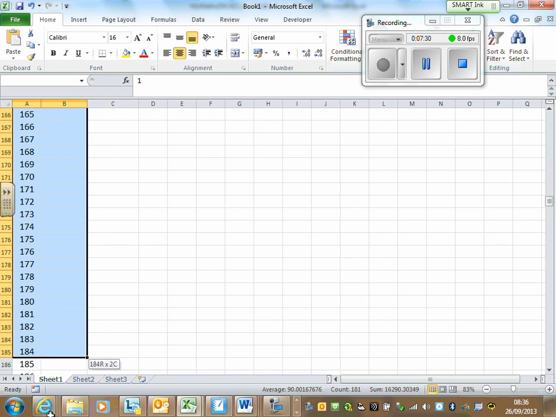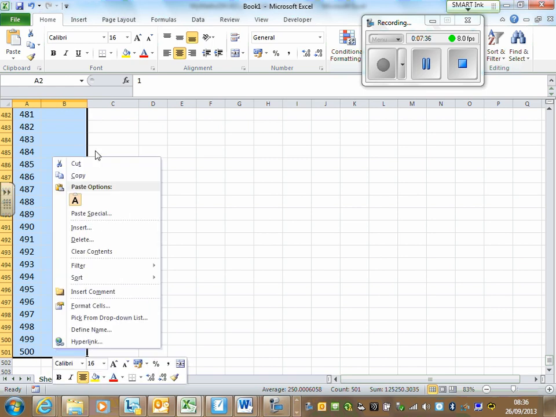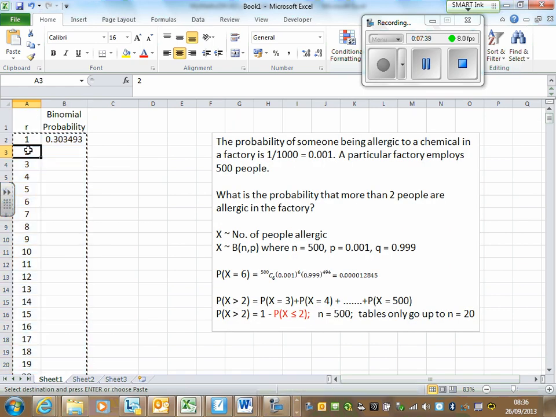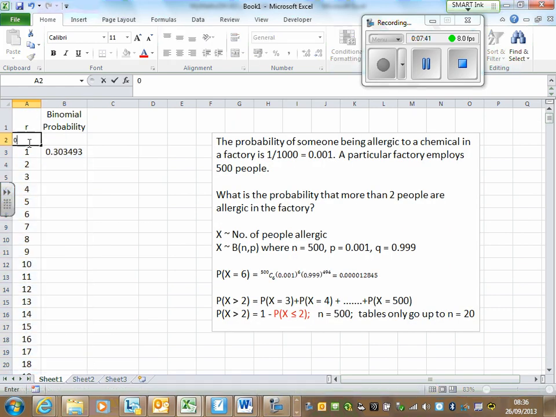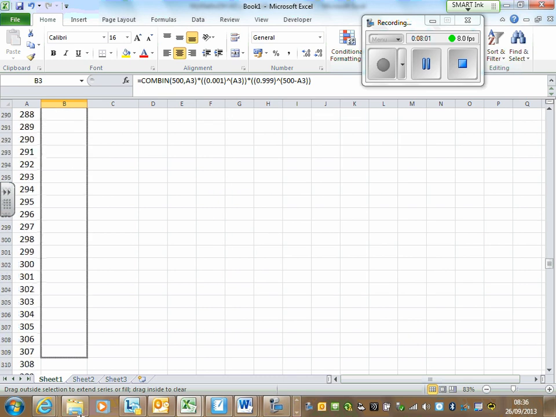I've just realised I also need to introduce 0, so hopefully that will go up to 0. Good. So we know the exact probability that no one out of the 500 is allergic is 0.60637.